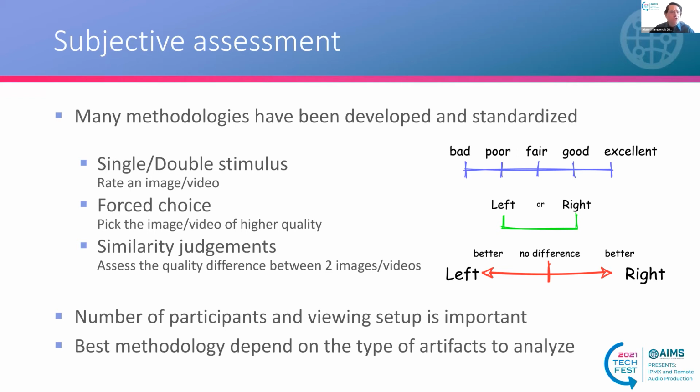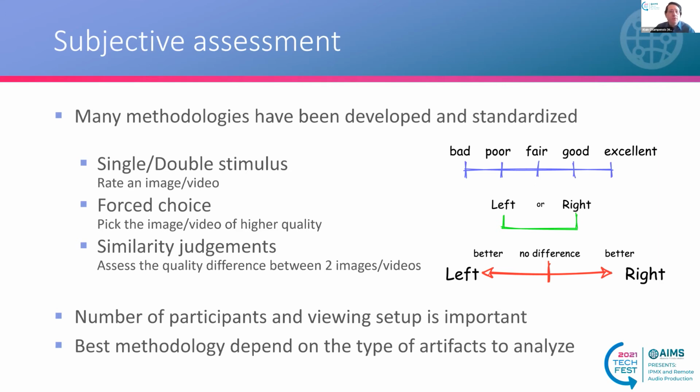We also have forced choice and similarity judgment, where the subject gives his rating or choice between a pair of inputs, one of them possibly being the reference or the source. As you can expect, doing subjective assessment can be expensive, tedious, and time-consuming, normally requiring a large number of participants working in a specialized and controlled environment.